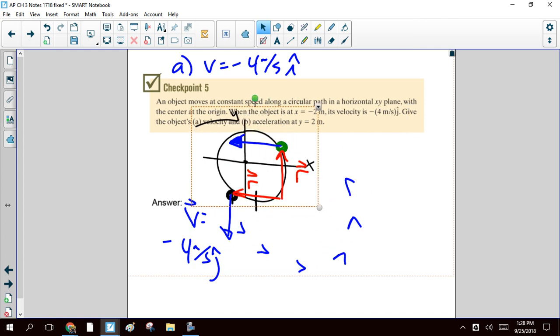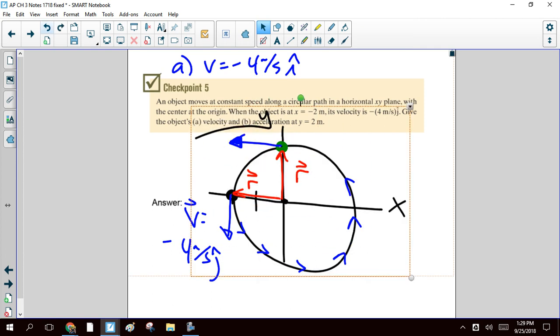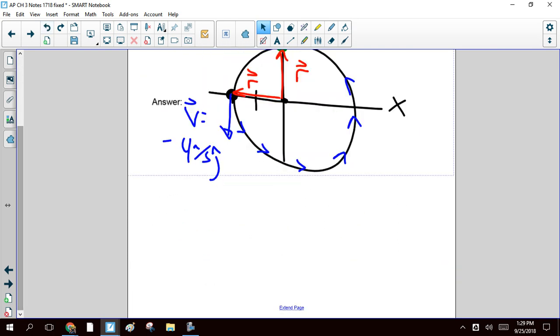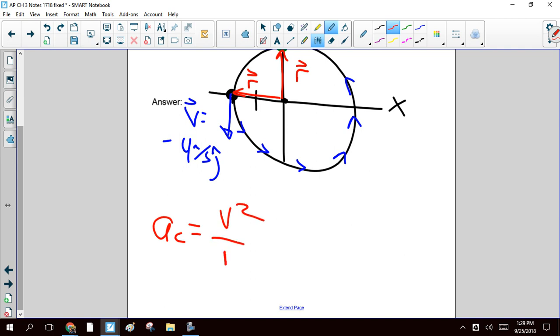To find our acceleration, remember it's v squared over r. Our velocity is 4 meters a second. Remember, this is just the magnitude of the velocity, divided by our radius, which is 2.